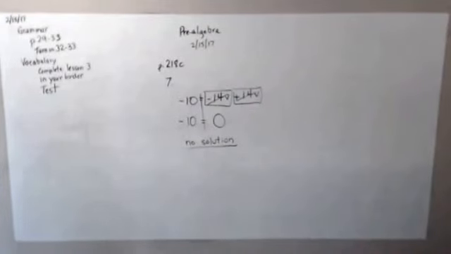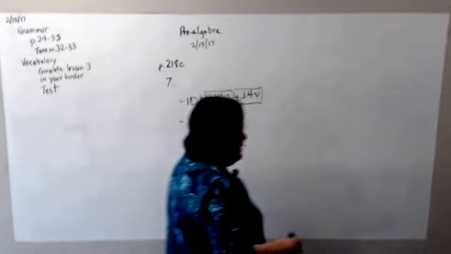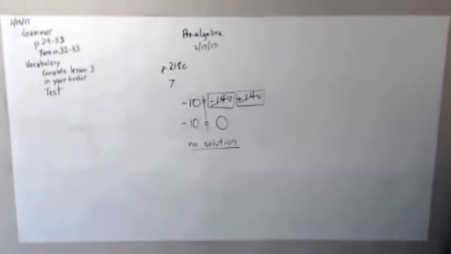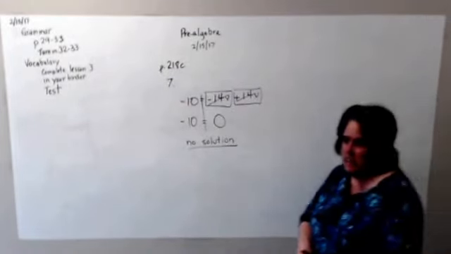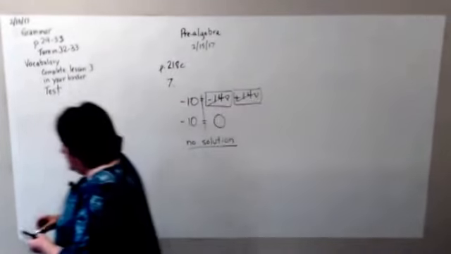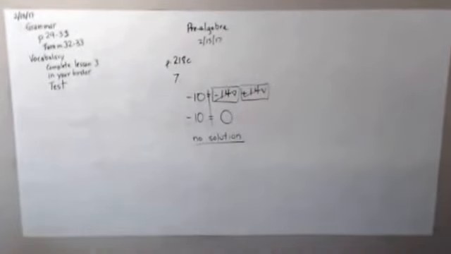I have trouble with number 16 on 218D. I'm so sorry, I forgot to do this. I was walking out and I remembered. Everybody find that one, go to page 218.